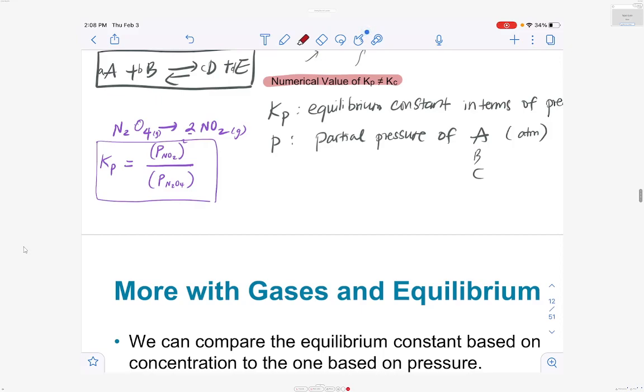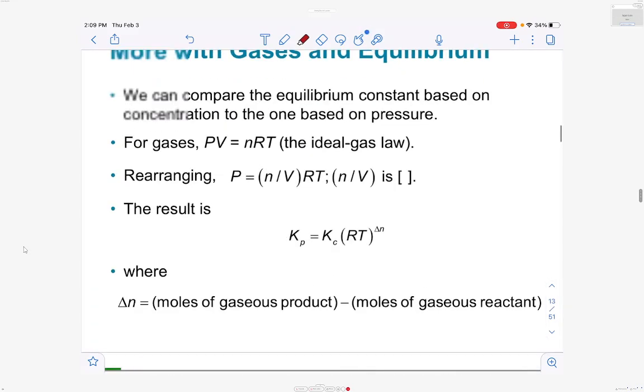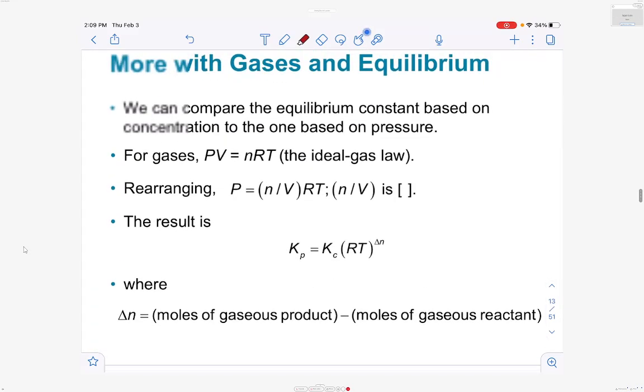We are not going to worry about units for Kc and Kp in this chapter 15. If you ever have to report equilibrium constant values, they should be reported without a unit by definition, okay?